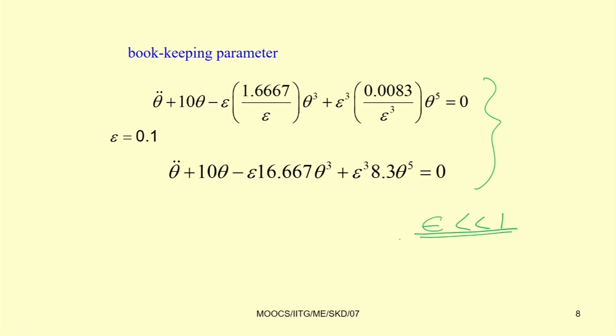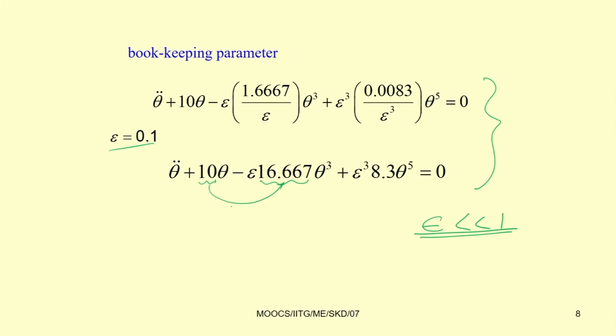You can use this scaling parameter, for example, with epsilon equal to 1. We can write the same equation in this form: theta double dot plus tan theta minus epsilon into 16.667 theta cube. Here you can note this term, 16.667, is comparable to this term, 10, that means they are of the same order.